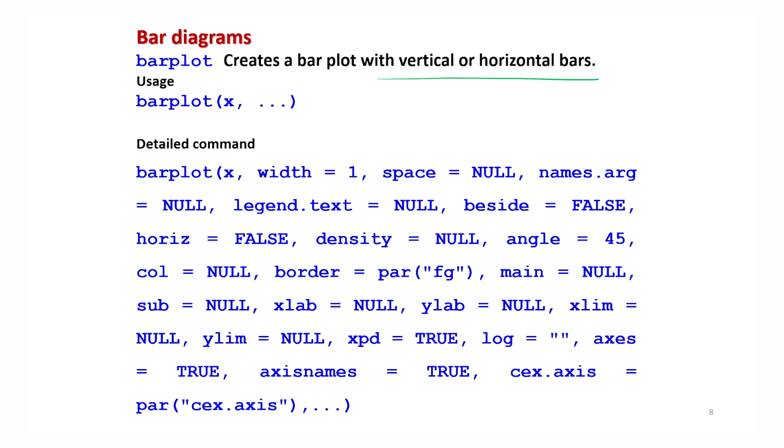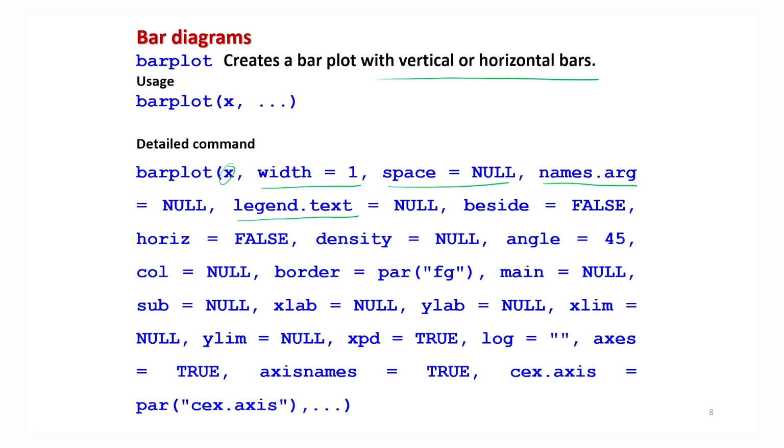Right. The basic command here is barplot(x), where this data can be in different formats: data vector, matrix, or other format. I will try to explain that. Then you have width that you can control. Then you have space, names, which gives different names to different bars. Legend text if you want to write something over there, right?